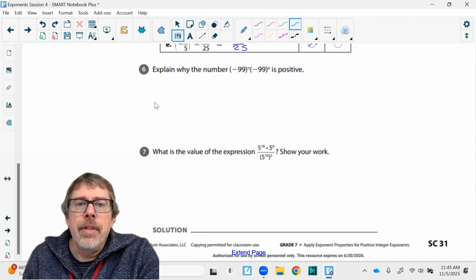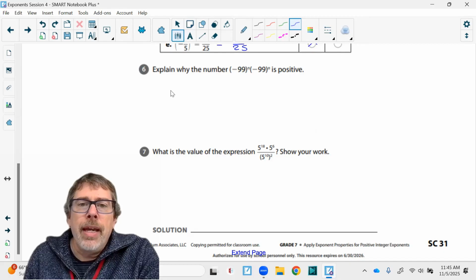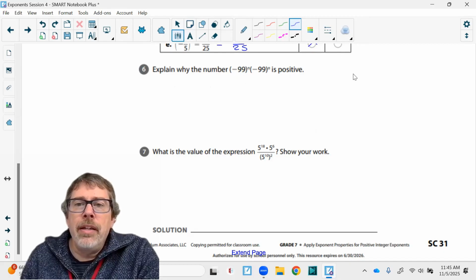Number 6, explain why the number negative 99 to the n times negative 99 to the n is positive. Okay, so what they're basically saying is when you have a base that is negative, because we have a negative 99, and you take an exponent to an even power, that's how you get a positive.